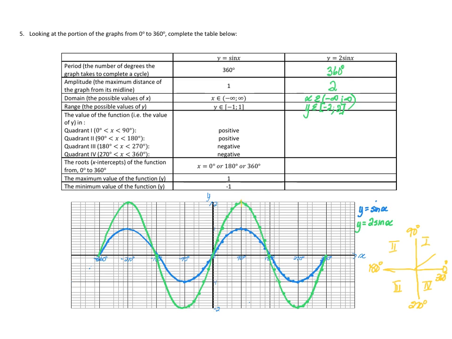So if we translate that to the graph, this is quadrant 1, this is quadrant 2, that is between 90 and 180. Between 180 and 270 we have quadrant 3, and between 270 and 360 we have quadrant 4.